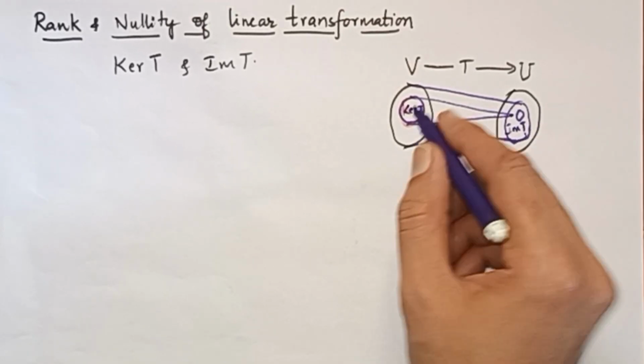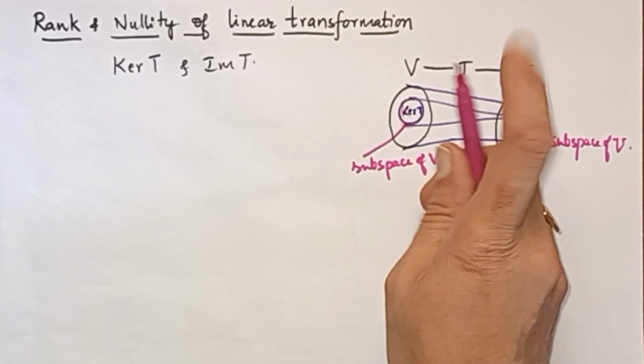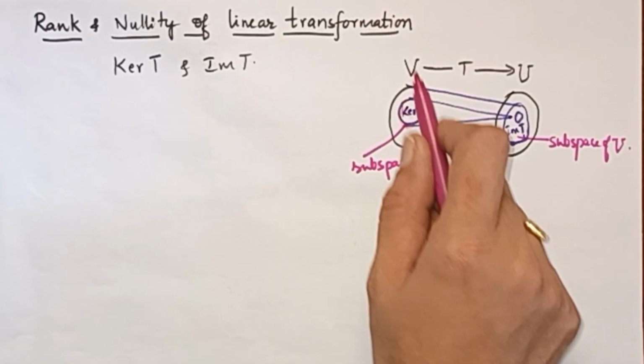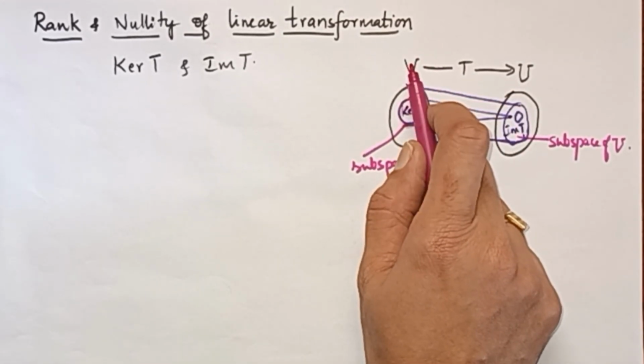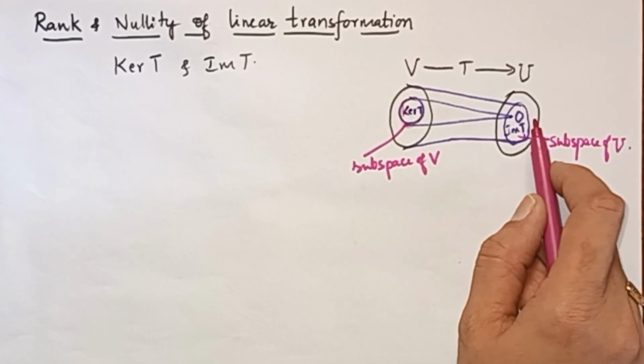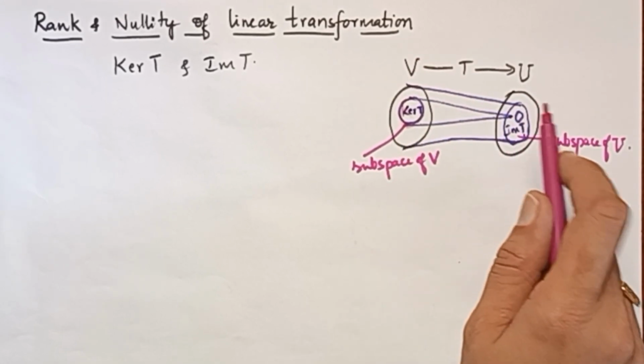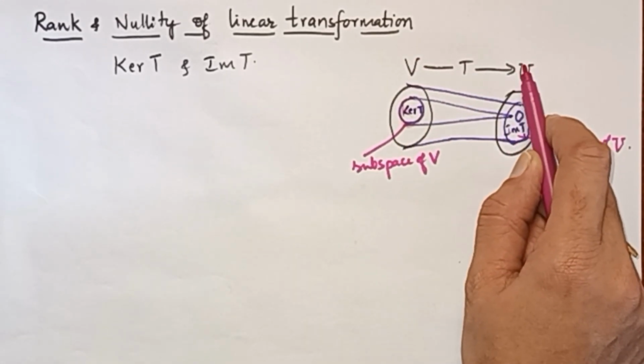This is image T and this is kernel T. Kernel of T is a vector space over the same field as V, and similarly image of T is also a vector space over the same field as that of U.